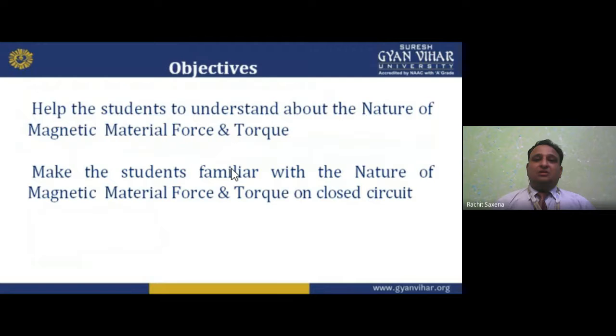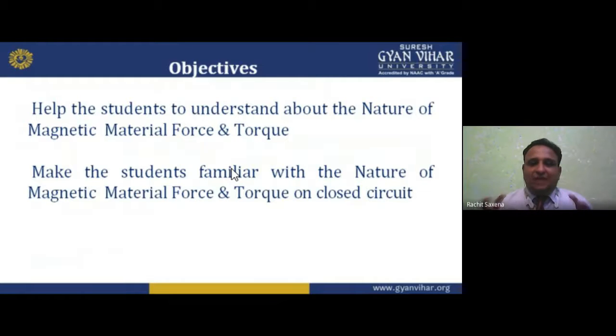Now in this lecture, what is my objective? What is my motto? To tell you what we have to go through. To help the students understand the nature of magnetic material, force and torque, and to make the student familiar with the magnetic material force and torque on a closed circuit.